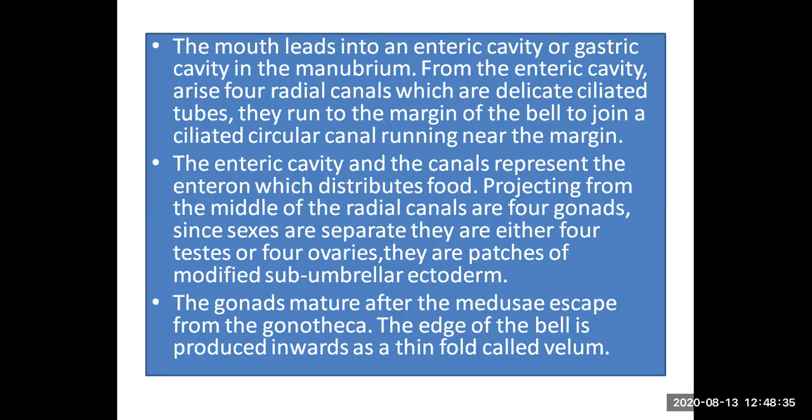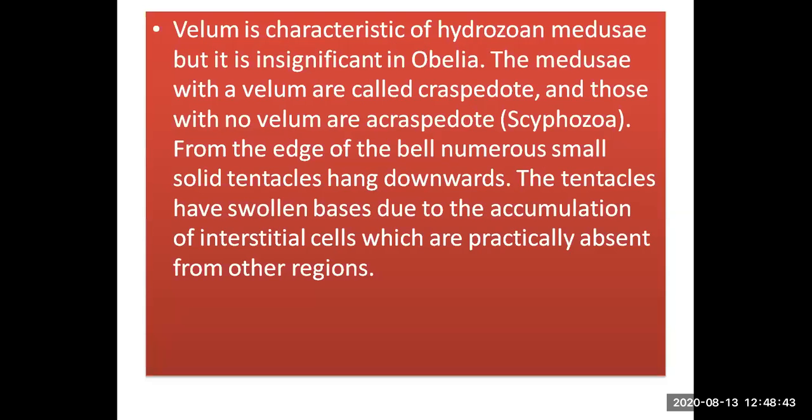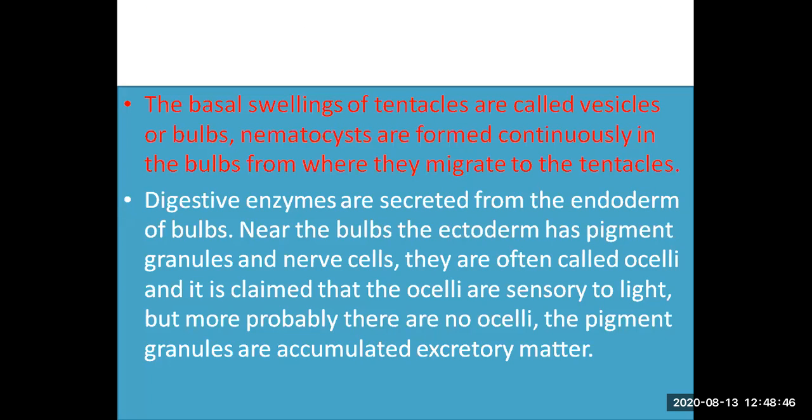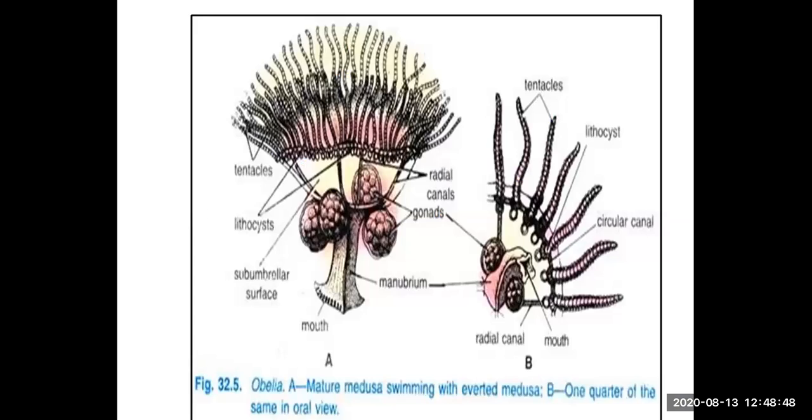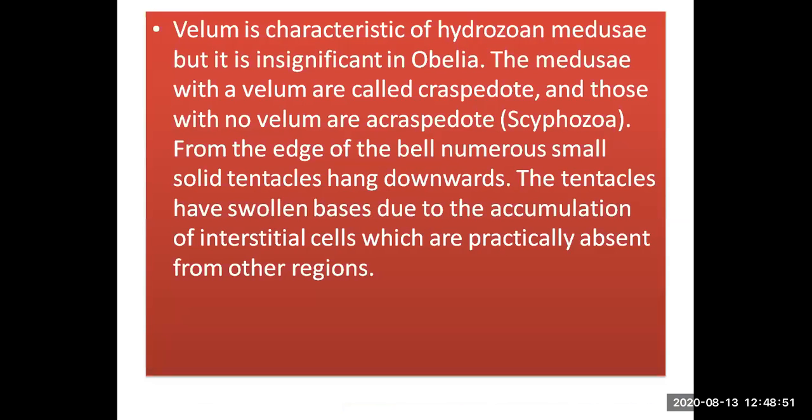The edge of the bell is produced inward as a thin fold called a velum. The velum is present but insignificant in Obelia. Those cnidarians with a velum are called craspedote, and those without the velum are acraspedote.